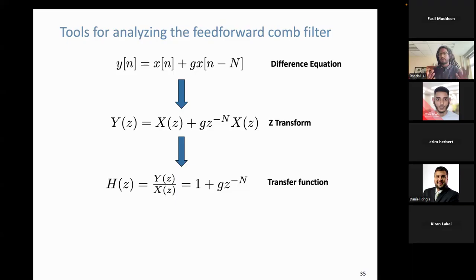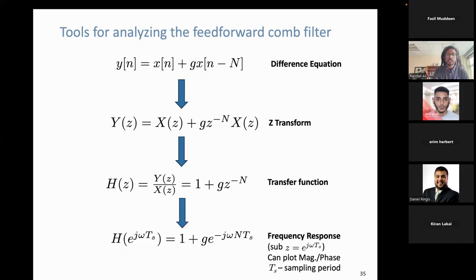I can rewrite the transfer function. Just rearranging, Y over X, I have 1 plus g times z to the power of minus n. And then I can look at the frequency response of the system.